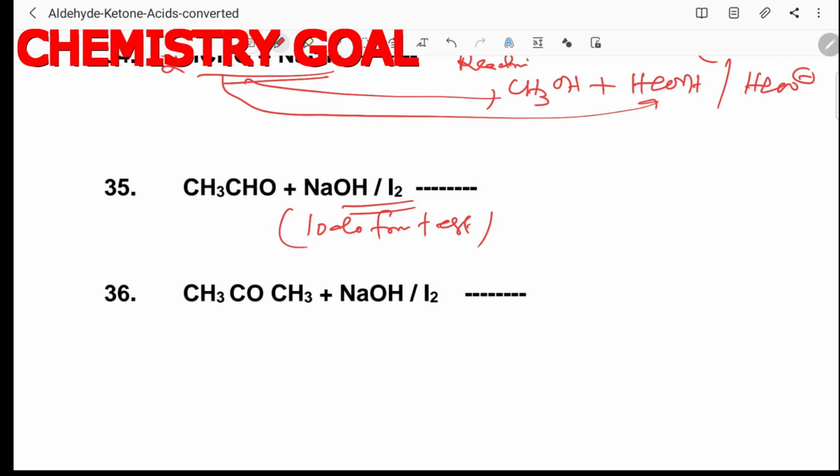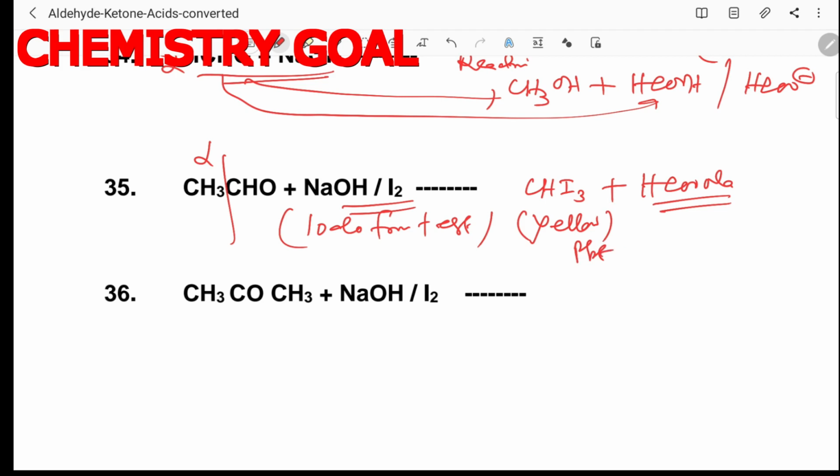Here iodoform is generally formed by the action of aldehyde and ketone in presence of sodium hydroxide and iodine, but we have to use an aldehyde or ketone having 3 alpha hydrogen atoms. Then first iodoform forms, and the remaining one carbon will be sodium salt of formic acid. So iodoform, the yellow precipitate of iodoform, is produced; that is called the iodoform test.